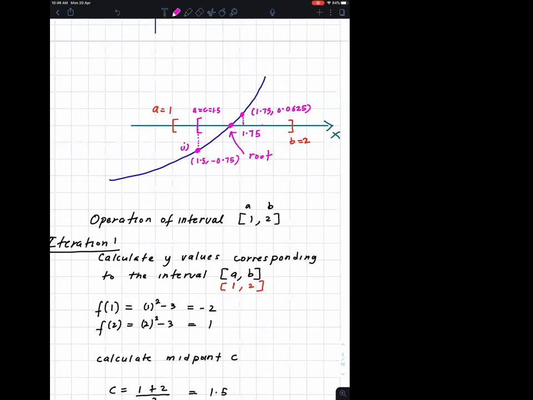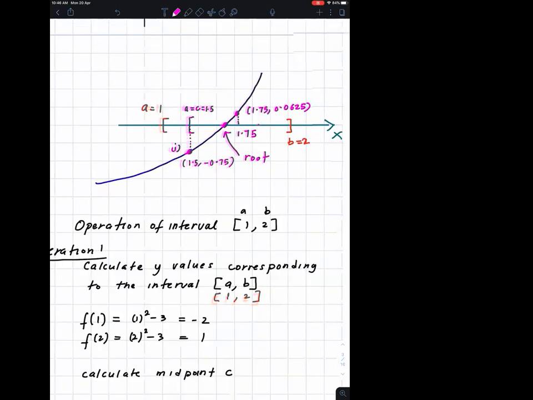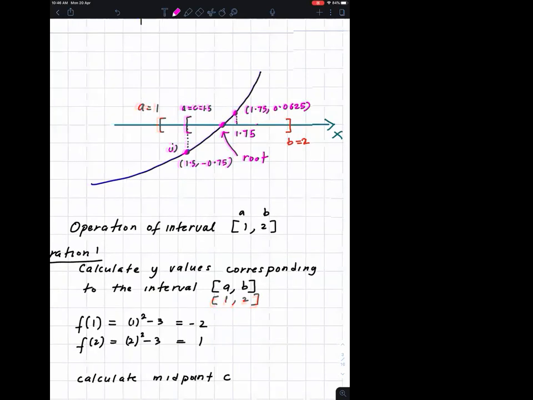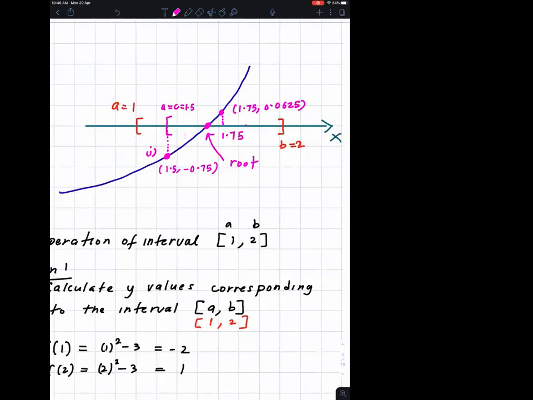If you're on the right hand side of the root, are you going to update A or B? B, sir. Ah, good. So if you update B, that means you're going to squeeze the interval closer to the root.